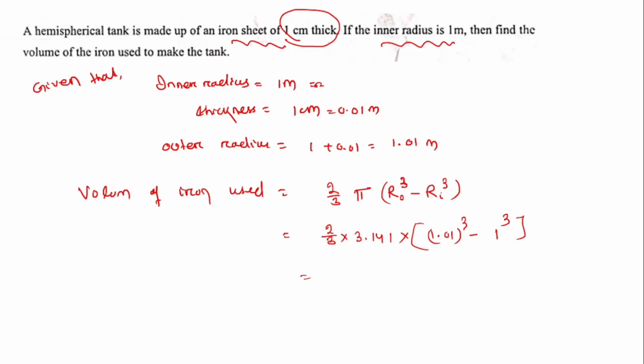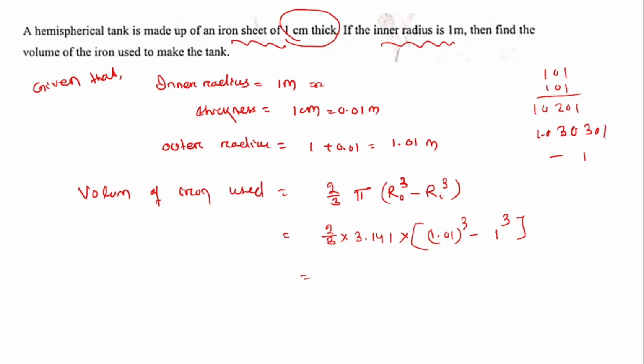Simply multiply 101 by 101, that is 10201, again multiply by 101, that is 1030301. Here the decimal point, how many places? 6 places.